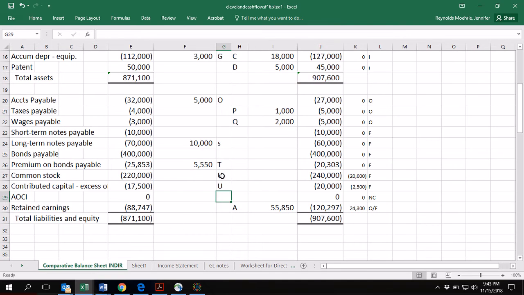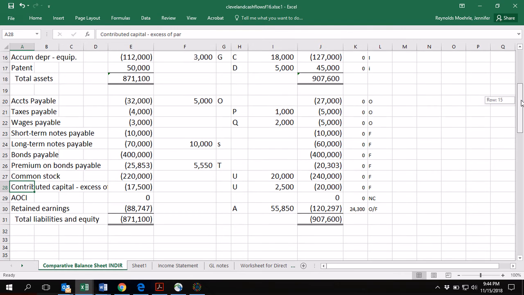So that, whoops, would not have been a debit. That would have been a credit. Sorry about that. So there we go, 20,000 credited there, 2,500 credited in the paid-in capital in excess of par. That's what that says.